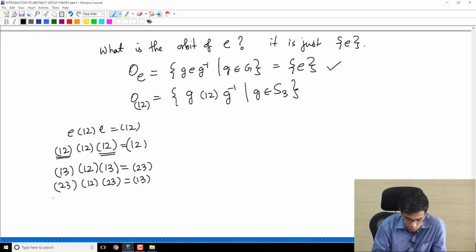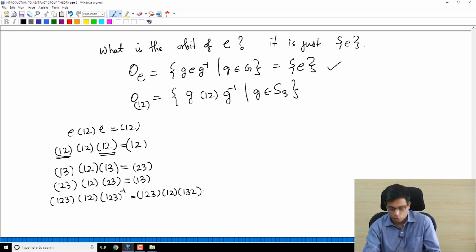Okay, now let's do (1 2 3)(1 2). The inverse of (1 2 3) is (1 3 2), if you think about it for a minute. So this would be 1 goes to 3, 3 goes to 1, so that's 1. 2 goes to 1, 1 goes to 2, 2 goes to 3. 3 goes to 2, 2 goes to 1, 1 goes to 2, so this is (2 3).